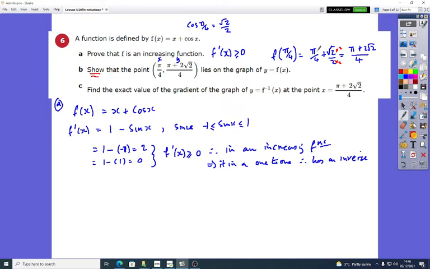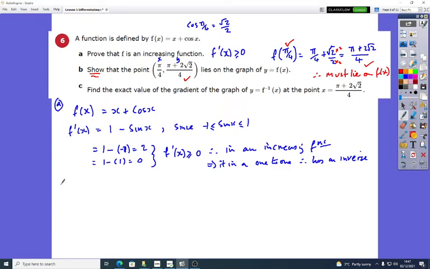So hence, if that is x, pi over 4, then y, the range of this function, will be pi plus root 2 over 2, that is pi plus 2 root 2 over 4, which is there. So therefore, this point must lie on f of x, because the x corresponds to the y value.